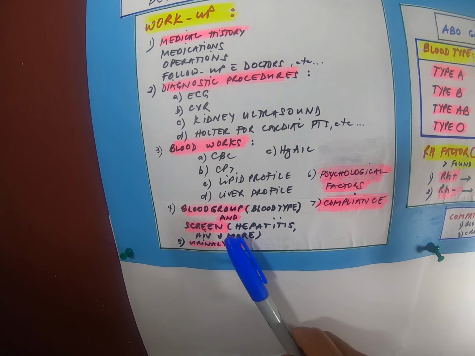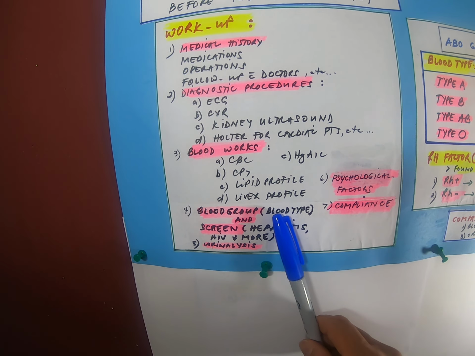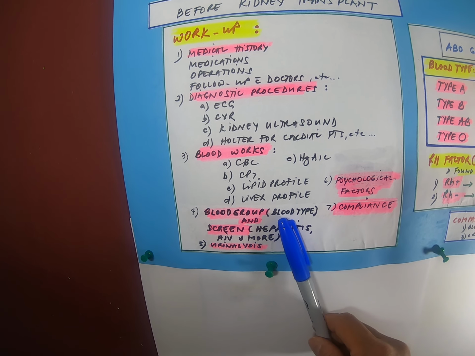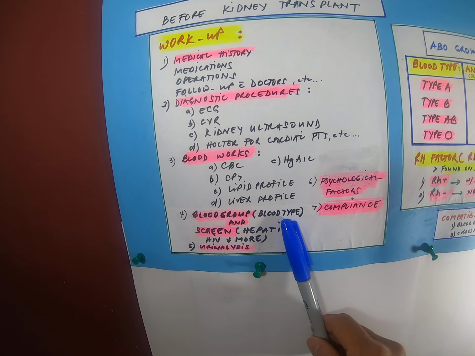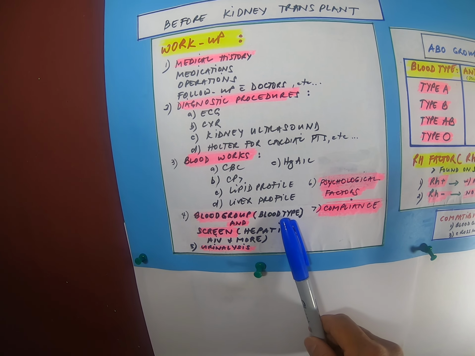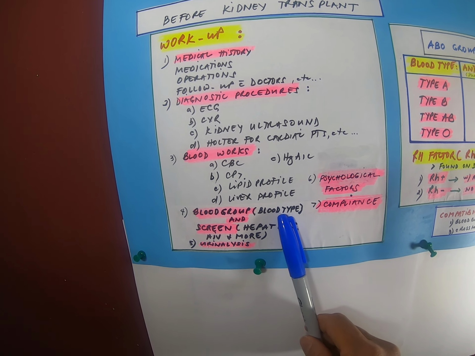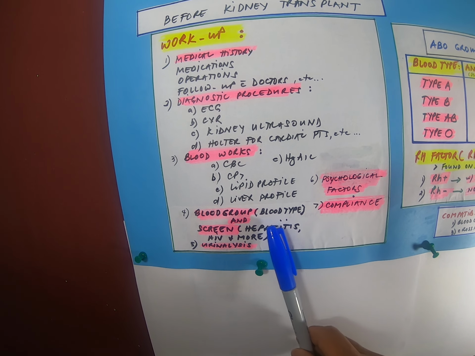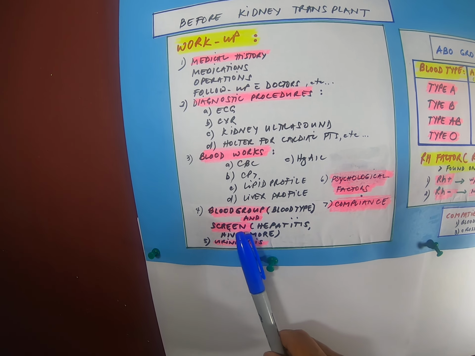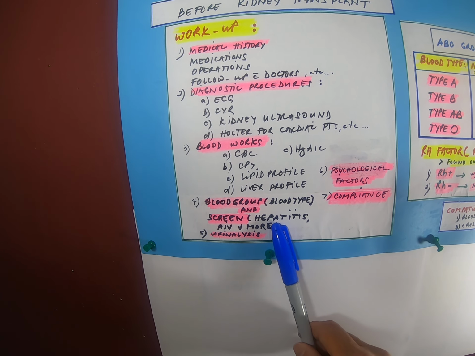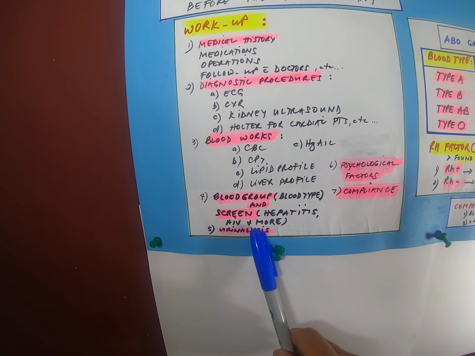And there's also the blood group, or the blood type, which is very important, because if the patient's blood type does not match the donor type, then they will not be compatible. There will be no transplant. So there is blood grouping, the blood type, and screening for infectious diseases like hepatitis, HIV, and more.